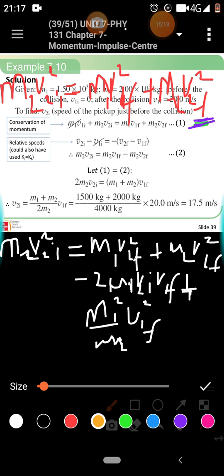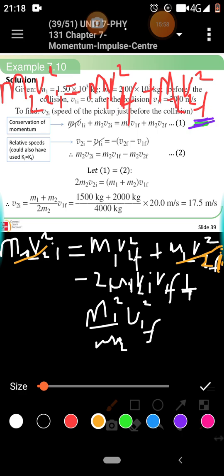This should be m1, this should be m2, and this should be v2 initial.